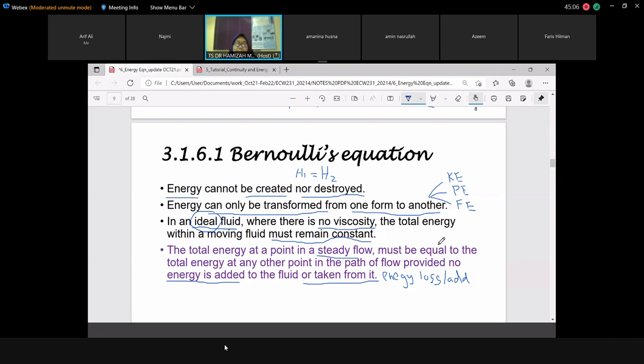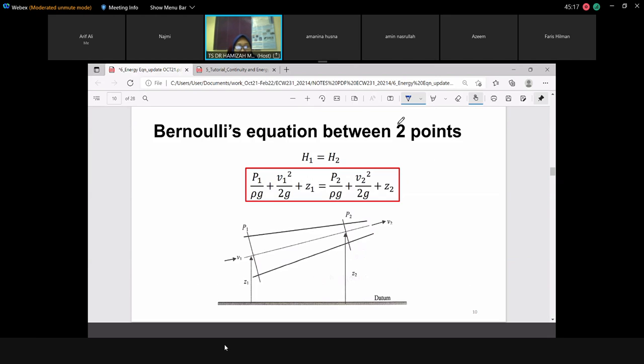Okay, so that's what I mean on the Bernoulli principle. So it's between point 1 and point 2. So the head 1 total energy equals to total energy at point 2. So total energy includes this, the pressure energy. Pressure tadi FE kan?